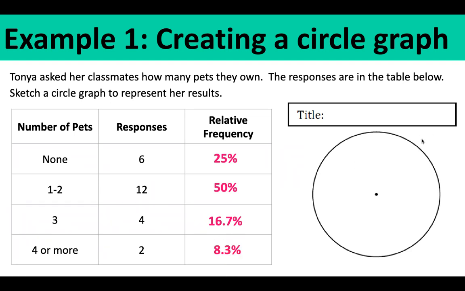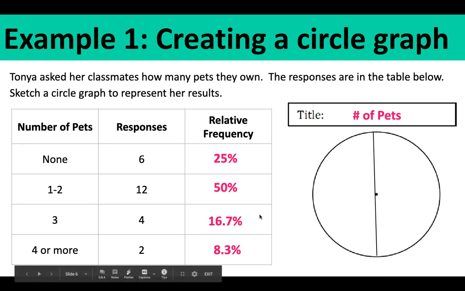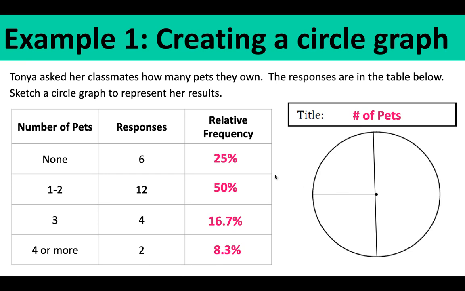So when I go to transfer that to my graph, I'm going to title it number of pets. I'm going to first split my graph in half because one of these categories is 50%, so I know that will be exactly half. And I'm going to split it into a quarter, right? Half of half is a quarter because we have our 25% section, which can go into that little part right there.